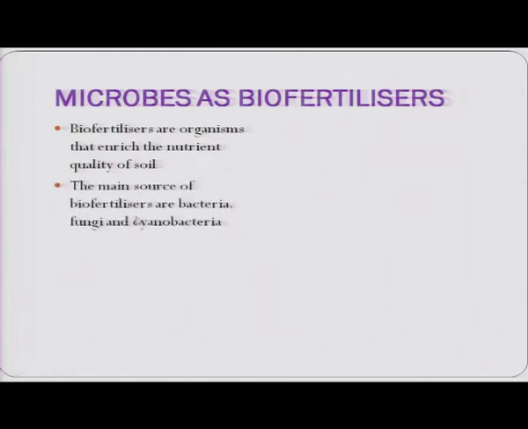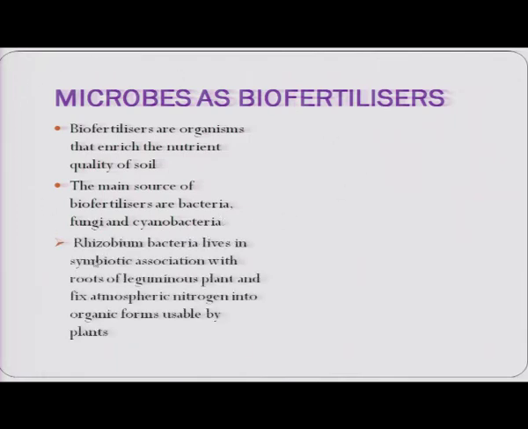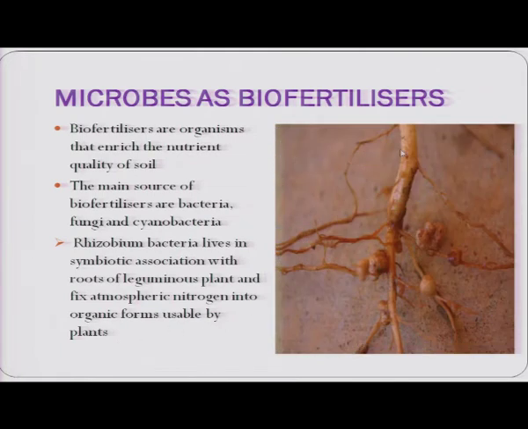The main sources of biofertilizers are bacteria, fungi and cyanobacteria. You have heard about rhizobium bacteria, which lives in symbiotic association with the roots of leguminous plant, and they can fix atmospheric nitrogen into organic forms usable by plants. Here you can see the root of a leguminous plant having root nodules.